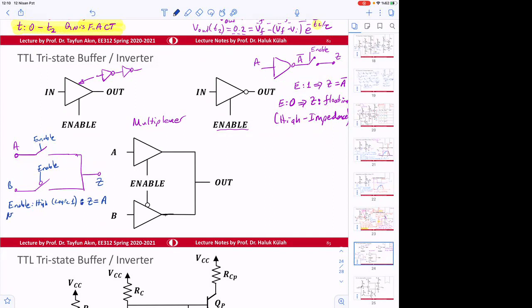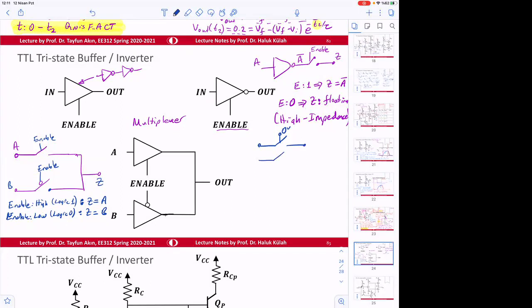So if enable is low, that means logic 0 is applied, then Z is going to be B. Why? Because when enable is low, this one is going to be on. Let me explain this here. The switch: when you apply 0 volt here, the switch is off.